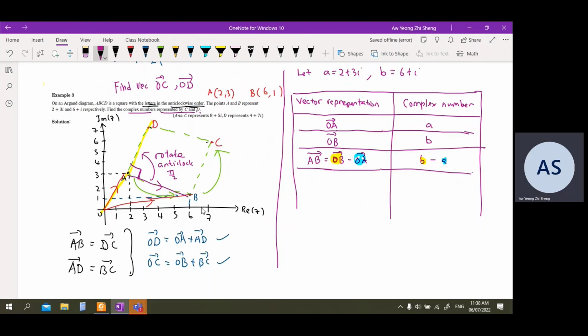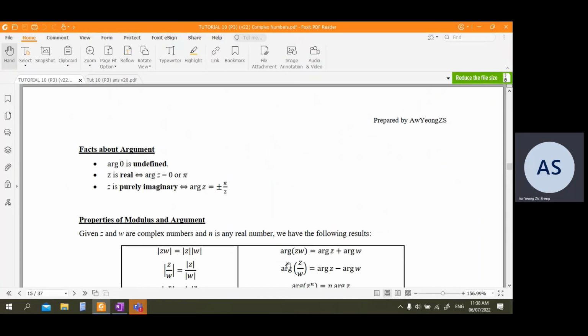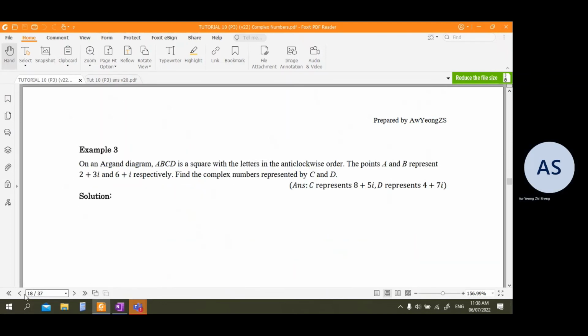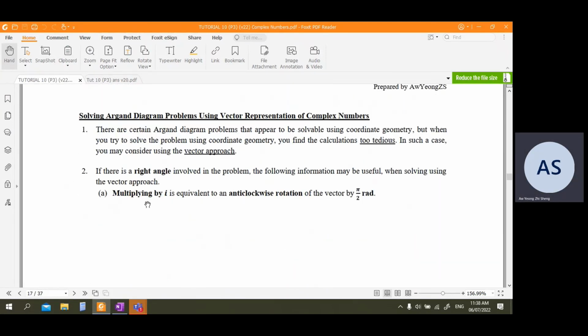And notice that AB and AD have the same length. So it's just a simple rotation. We don't have to modify the length. Right. So AB rotated to AD. Then now I know AD is represented by... Go back to the previous page, page 17. Multiplying by i is equivalent to an anti-clockwise rotation by pi over 2 radians.